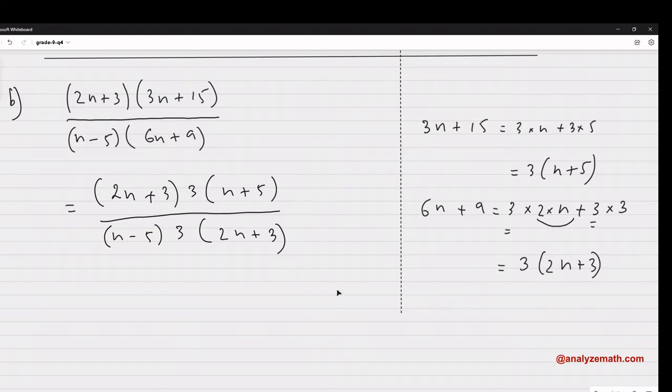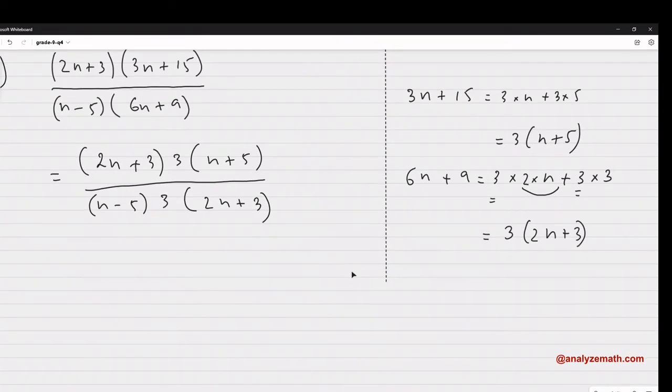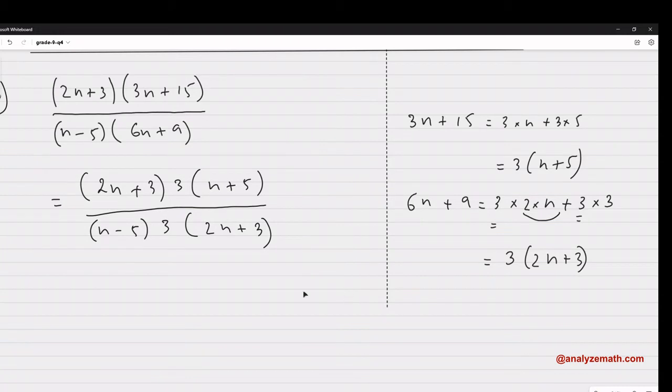Now we are not going to go through all the details, we just divide by whatever we can. So I'm going to divide this numerator by 2n plus 3, and this denominator by 2n plus 3, which means take this out.